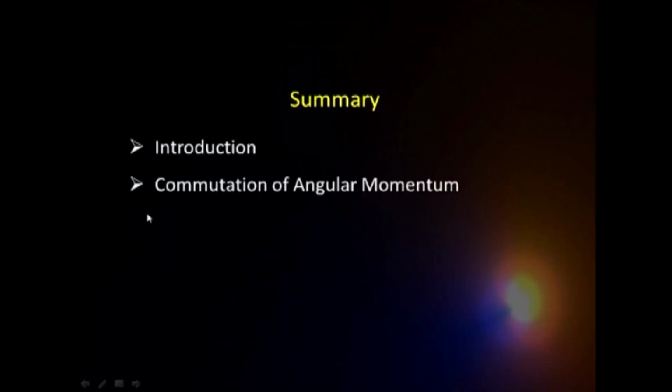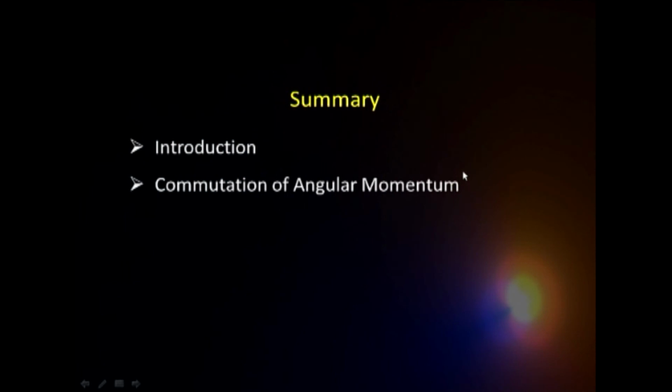So, we have come across the different types of angular momentum, why we should study it, and their importance in chemistry. We talked about the computation of angular momentum, and whether we can measure things simultaneously or not.